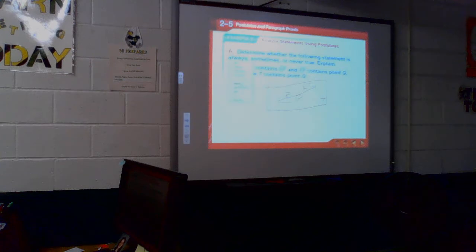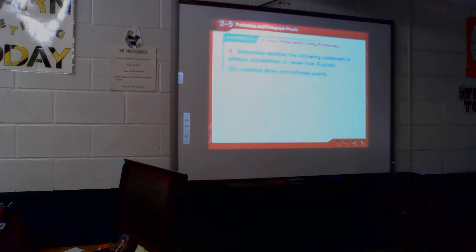Anybody disagree? Everybody see why we came up with that? So this is always because, again, the reason why would be postulate 2.5. What does 2.5 say? 2 points lie in a plane, and the entire line containing those points lies in that plane. Okay, so does that make sense, what we just read there? If 2 points lie in a plane, then anything on that line lies in that plane.